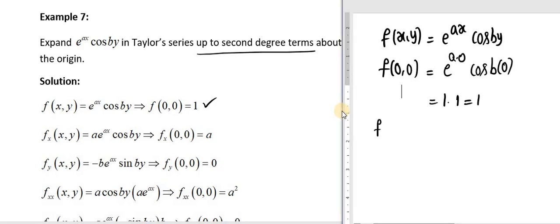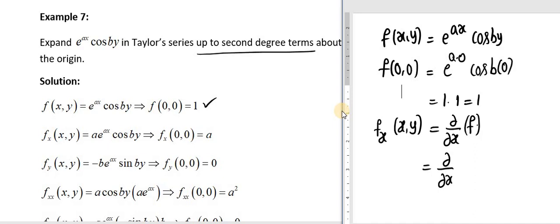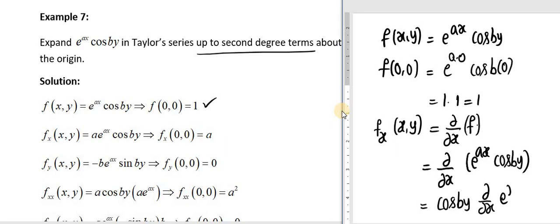Next, I am going to do first order partial derivatives of f. That is f_x. f_x means dou by dou x of f. Substitute the value of f, that is e power ax into cos by. Here we are doing with respect to x. That's why cos by is constant. I am putting cos by outside.